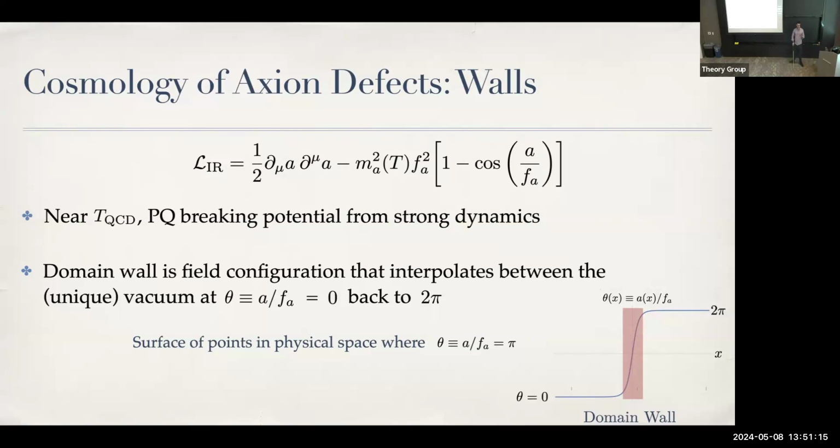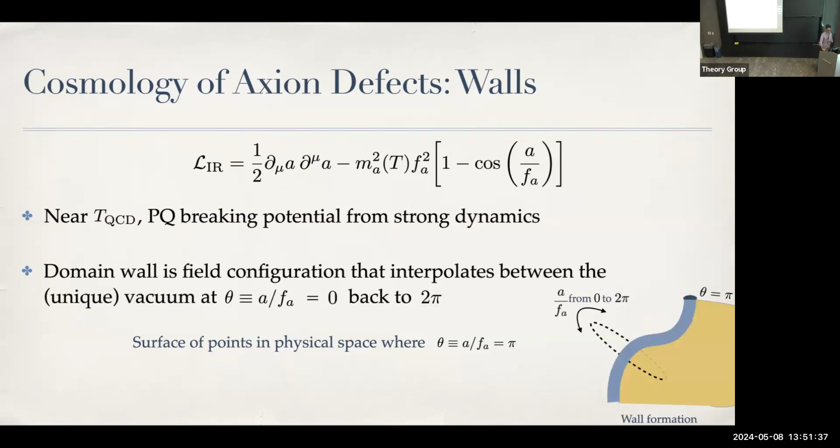So the key thing is that whenever I have regions of space in my universe where theta, A/Fa, is pi, I've got a large amount of energy density there. That is the domain wall. The points in space where my axion field theta is pi are surfaces of large concentrations of energy density, and those are my axion domain walls.